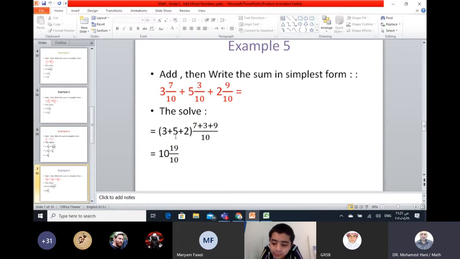Now 3 plus 5 will be 8, 8 plus 2 will be 10. And here we have 7 plus 3 will be 10, 10 plus 9 will be 19 over 10. So this is the answer of the add of mixed numbers.